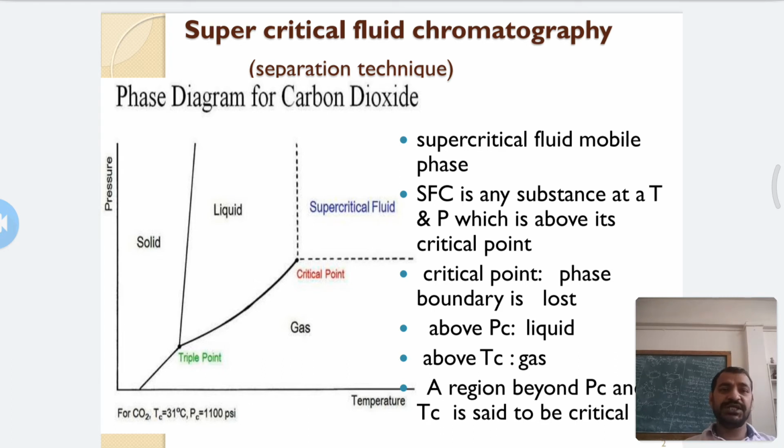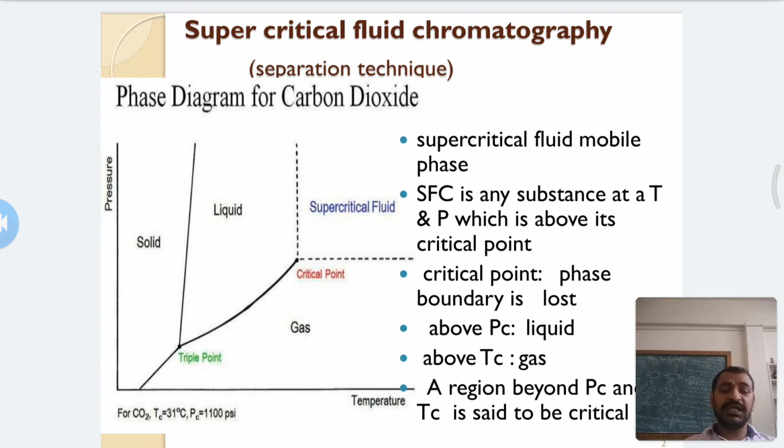For the stationary phase we use a silicate material, and for the mobile phase we use some liquid, gas, or supercritical fluid. In gas chromatography we use a carrier gas as the mobile phase in the column. In HPLC we use a liquid as the mobile phase, which may be polar, non-polar, etc. This depends on our target analysis.